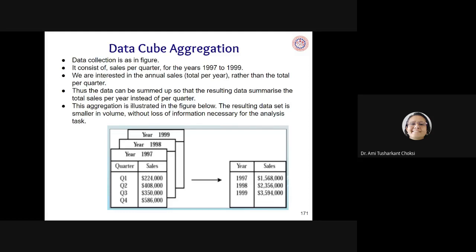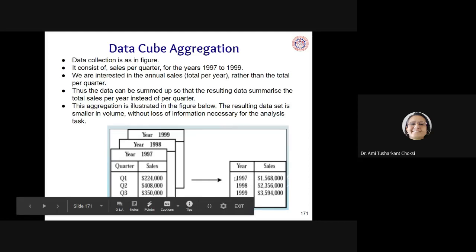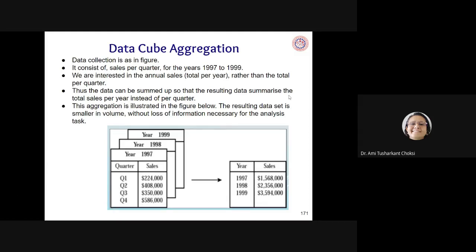We can see that here for 97 we can see the total. Whatever data is given here, the summation of that is given in the aggregation table, isn't it?